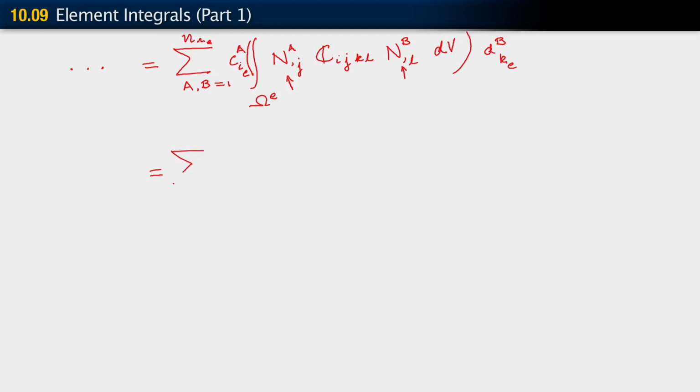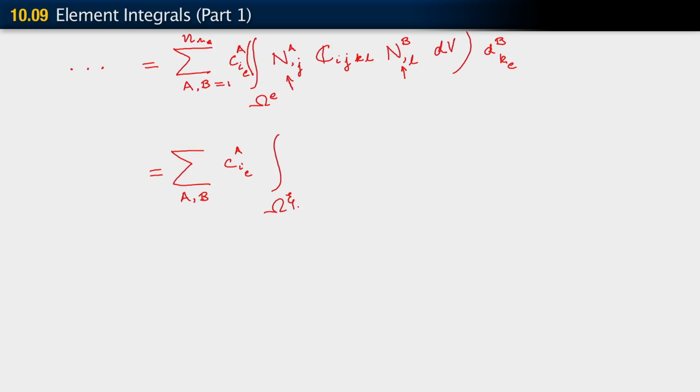So, once again, sum over A and B, and I'll forego writing the limits of that sum. We get here C_AIE, integral over omega c, right?